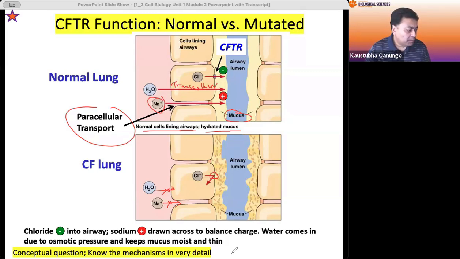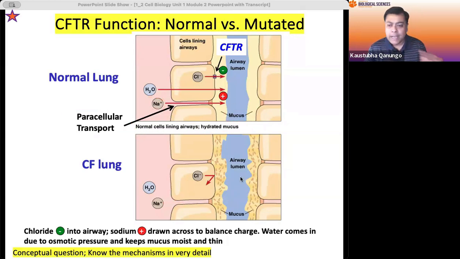So whenever you are looking at questions regarding the CFTR, remember it is never a pump, it always moves chloride down the concentration gradient, never up, and it only transports chloride ion, nothing else. That's the important one.